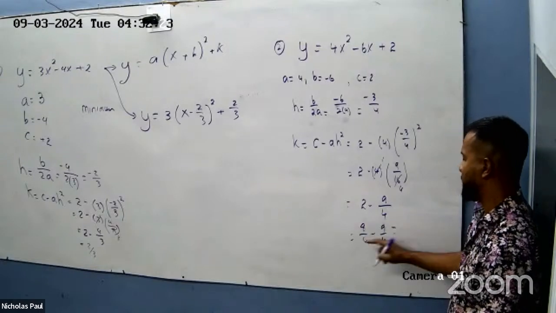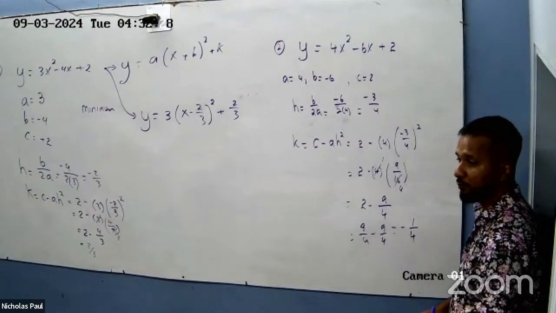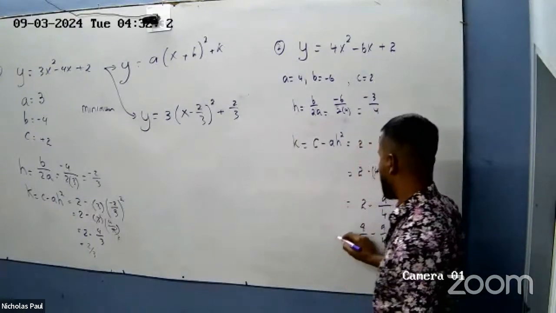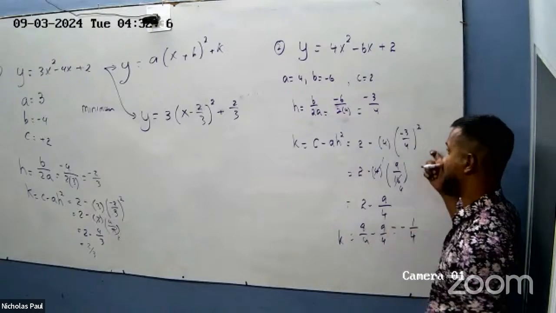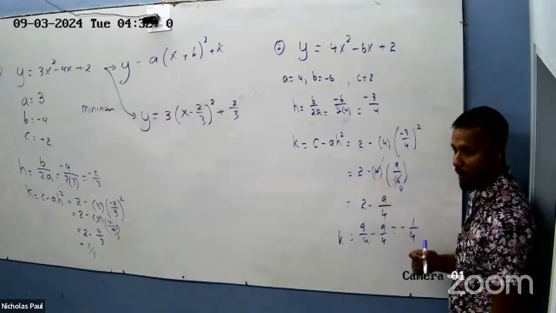But of course, you can use a calculator to check all that to help you out. So you have H and you have K. Most important thing, as I said, square this first.